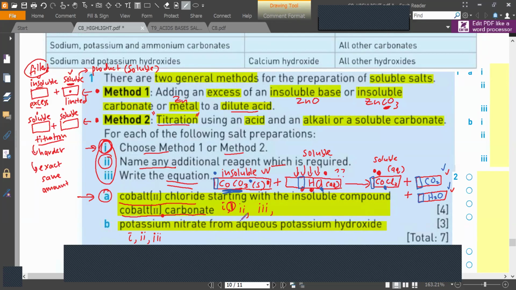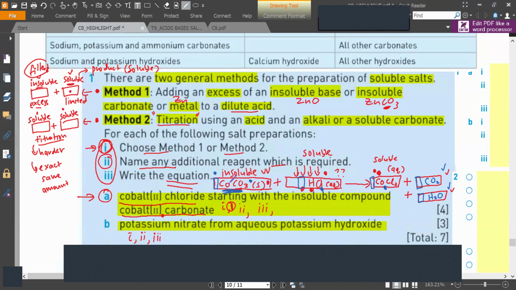Give me the answer when you are ready. Cobalt carbonate, how many moles?